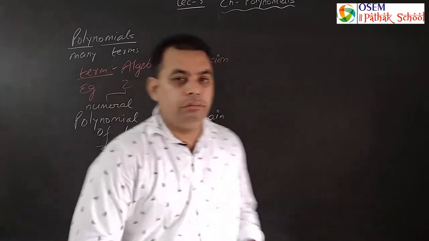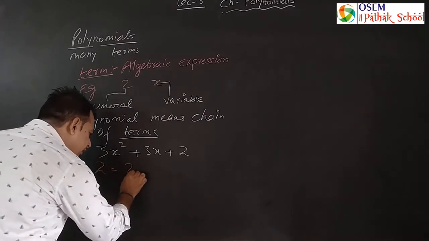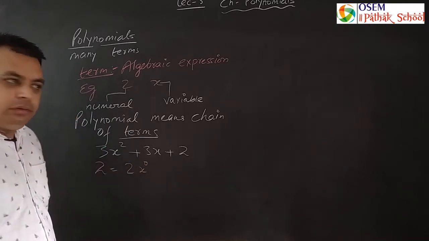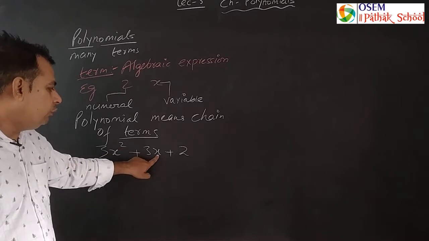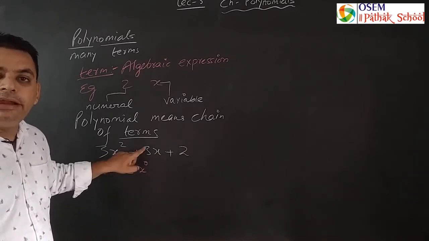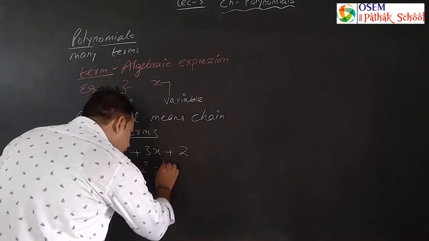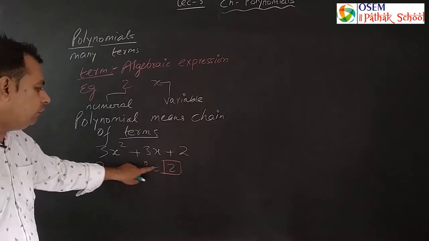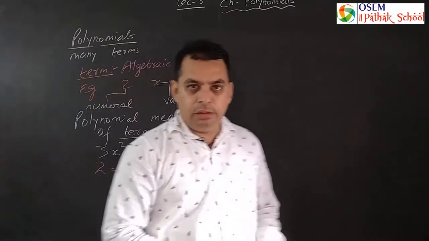This 2 can be written in the form of 2 into x to the power 0. Anything having a power of 0 becomes 1. So 2x to the power 0 becomes 2. So it is a polynomial.